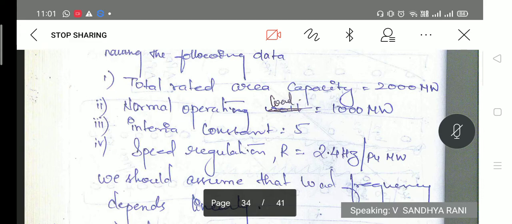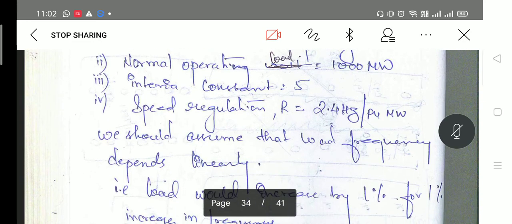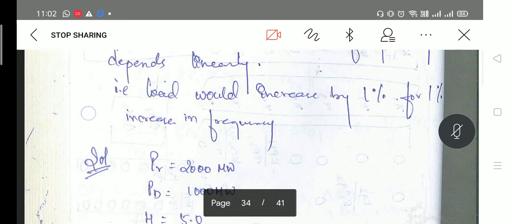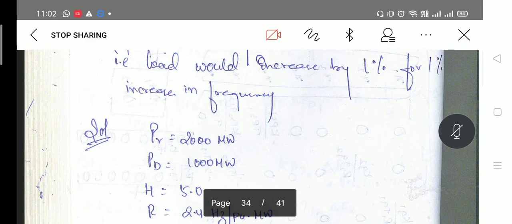Third one is inertia constant is equal to 5. Fourth one is speed regulation R is equal to 2.4 hertz per unit megawatts. We should assume that load frequency depends linearly, that is, load would increase 1% for 1% increase in frequency.